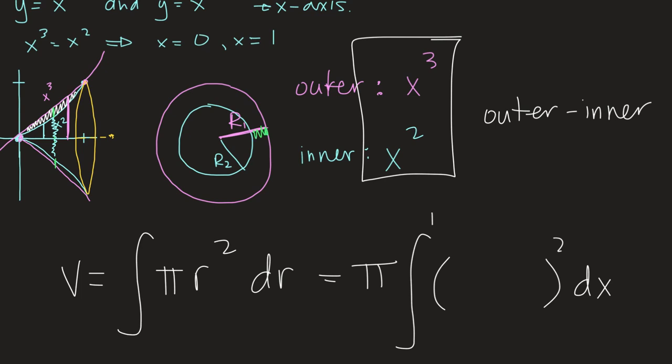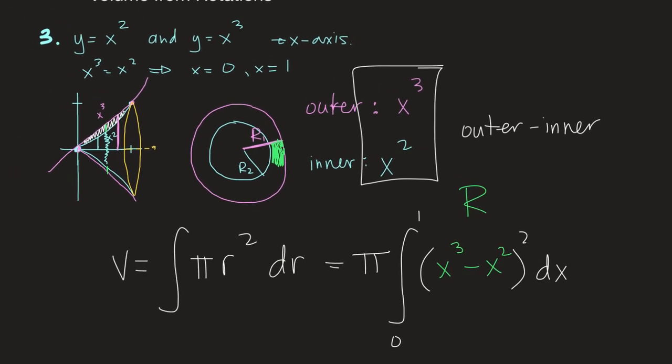This is where your volume comes from, the sum of all of these areas of your washers. So the outer is x cubed and the inner is x squared. That's how we find the radius of the function that we are finding the volume of. If you put that into the calculator, that should give you the answer, because we really don't want to do that by hand.